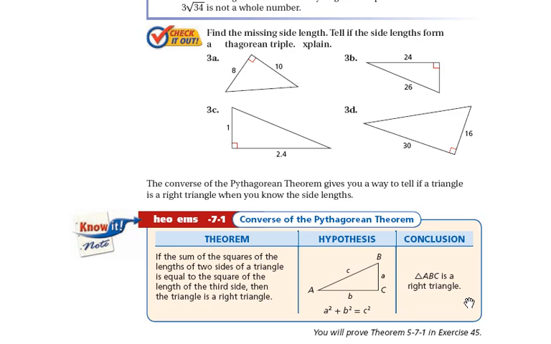Typically when you talk about the Pythagorean theorem, you start out with a right triangle and then you can use the theorem. This is just saying if you know this equation is true, then you would conclude that we have a right triangle. So that's the converse of the Pythagorean theorem.